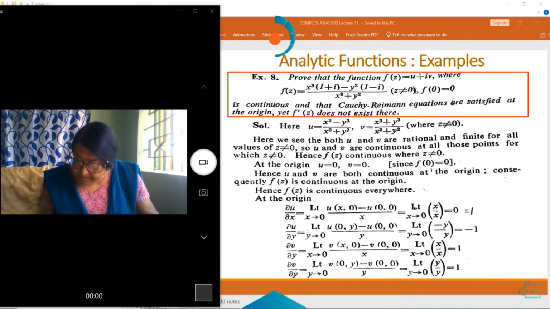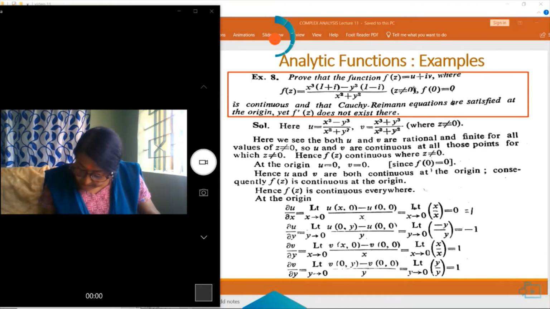But f'(0), which can be written as the limit as z tends to 0 of (f(z) minus f(0)) by z, after substituting the values of z and f(0), we can see f'(0) as shown.